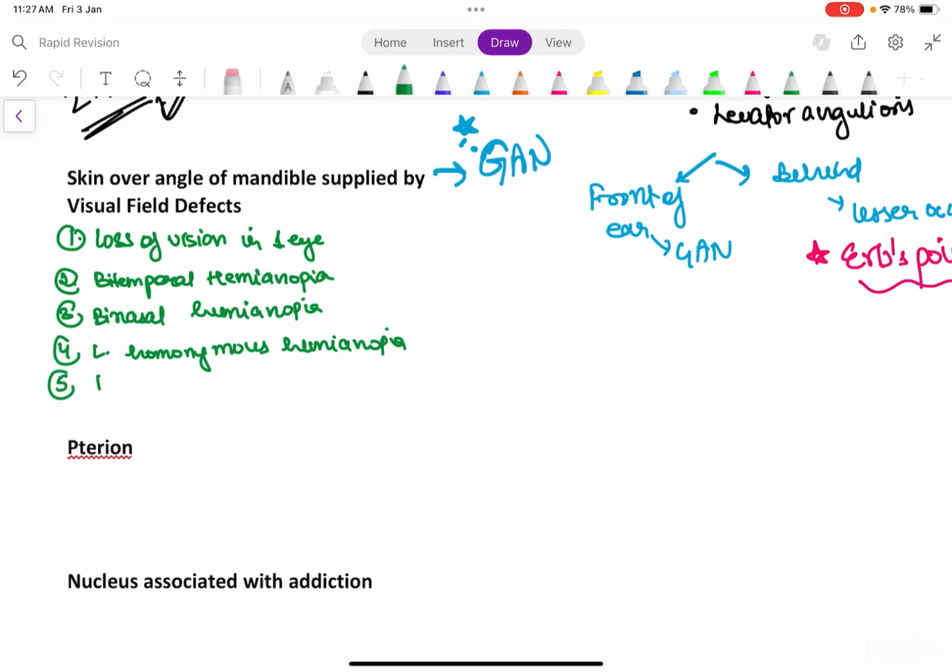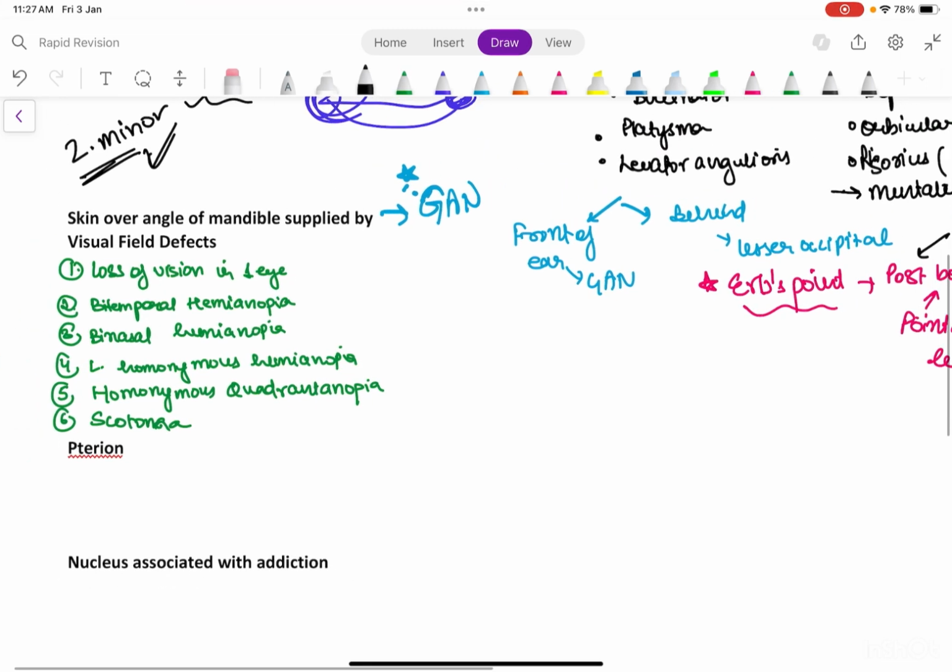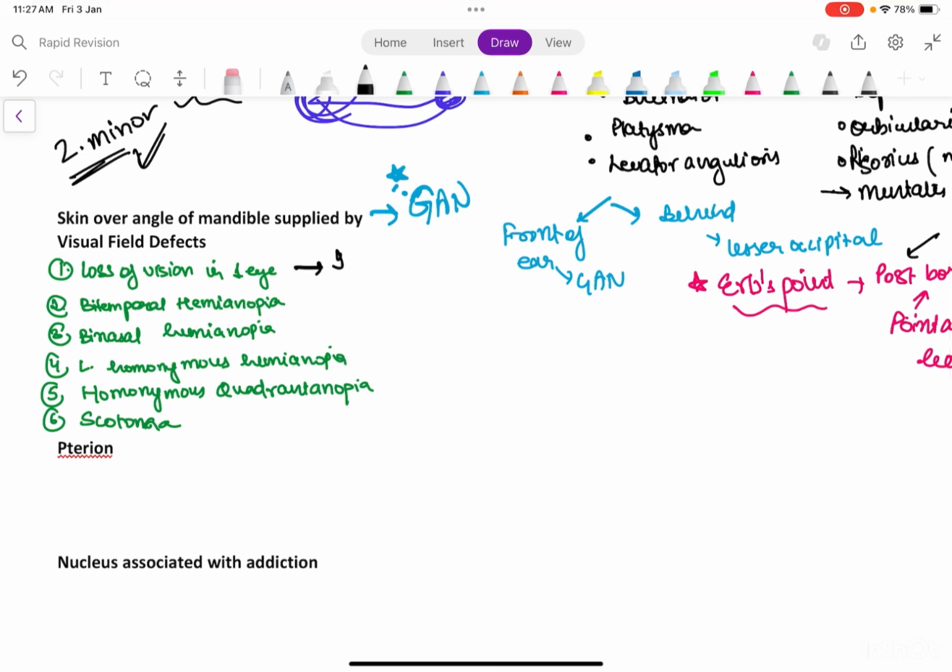Then you have homonymous quadrantanopia and scotoma. So first of all, loss of vision in one eye is by the ipsilateral optic nerve. Just remember this list.